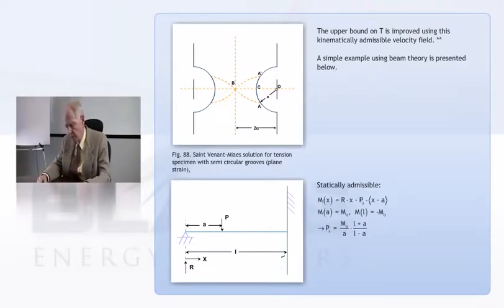At each of the places where the moment equals this thing I call M0, that's that limiting moment, that occurs at A and at L. You take those conditions that have to be simultaneously satisfied in this problem, you put that into the equilibrium condition, and you come up with the load P equals M0 over A times (1 plus A over (L minus A)). All right.